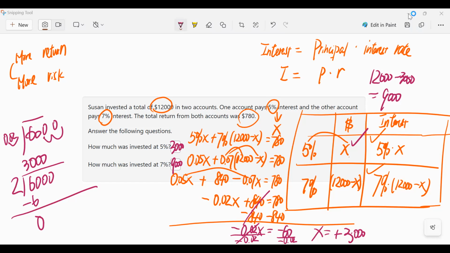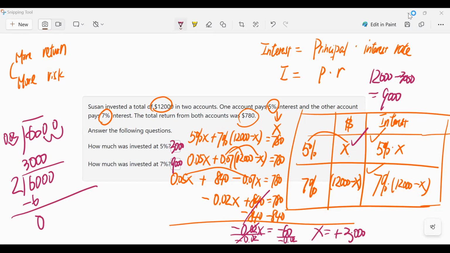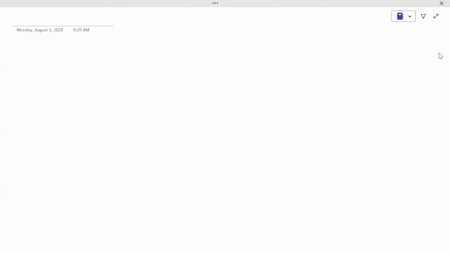Chapter 3 is about linear equations in 2 variables. Let me give you some brief introduction about linear equations from chapter 3.